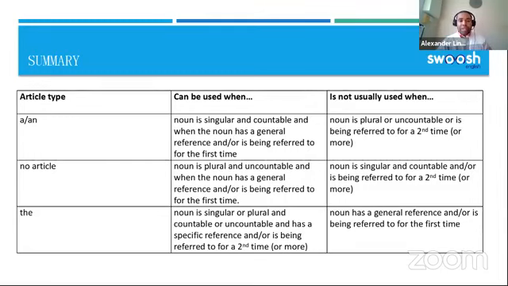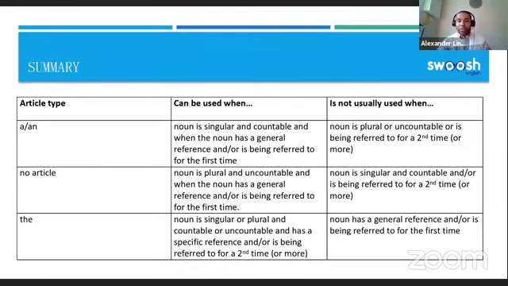No article is used if the noun is plural or uncountable, and if the noun has a general reference or is being referred to for the first time. We wouldn't use no article if the noun is singular and countable or is being referred to for a second time. In this case, we would use the. The is used if a noun is singular or plural, countable or uncountable, and has a specific reference and/or is being referred to for a second time.